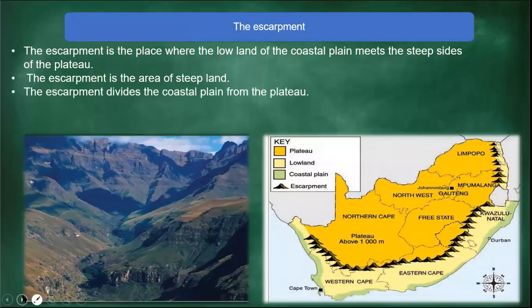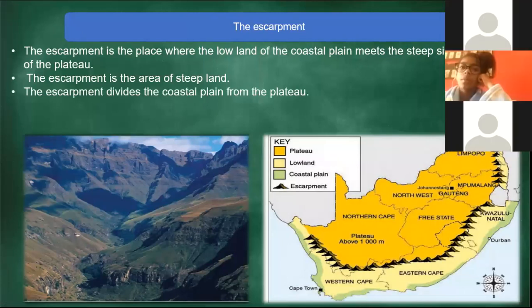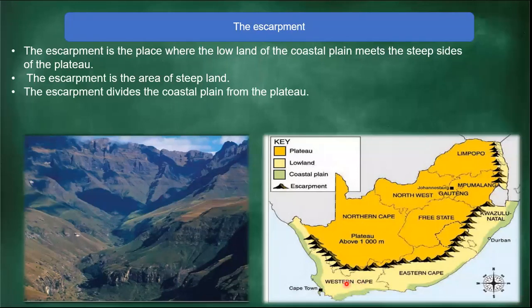The escarpment divides the coastal plain from the plateau. As I have said, it is in the middle, between the plateau and the coastal plain. So it divides both.